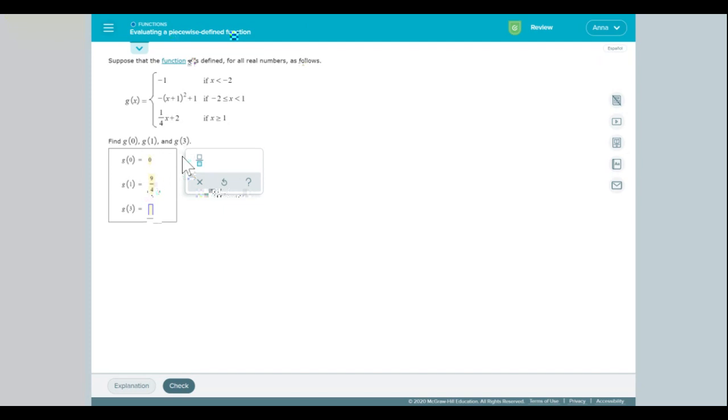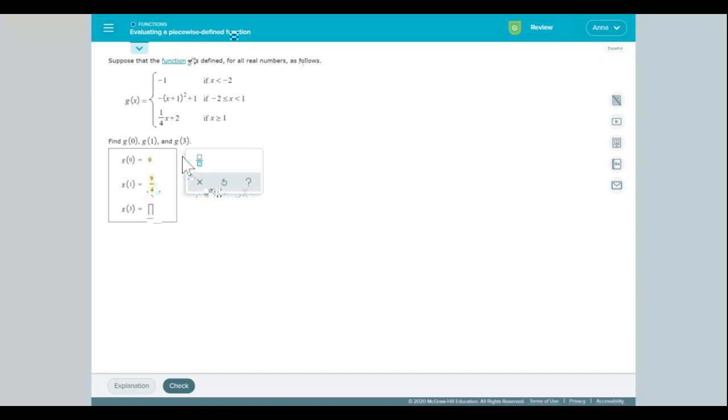For g of 3, 3 in the domain is evaluated where x is greater than or equal to 1, because 3 is greater than or equal to 1. So we end up getting 1/4 times 3 plus 2.